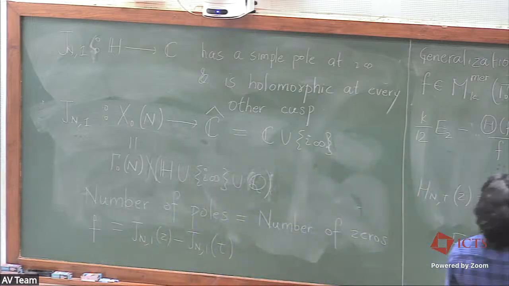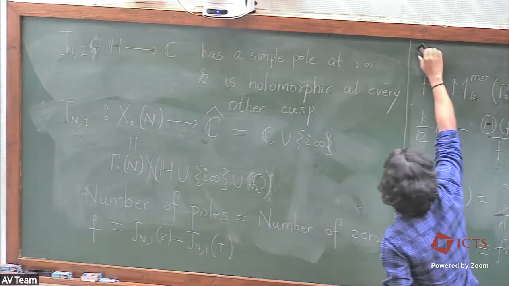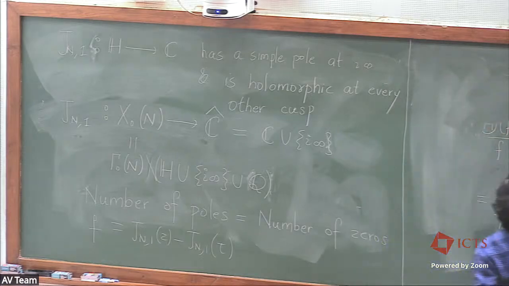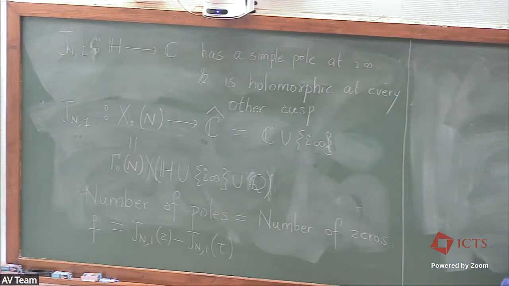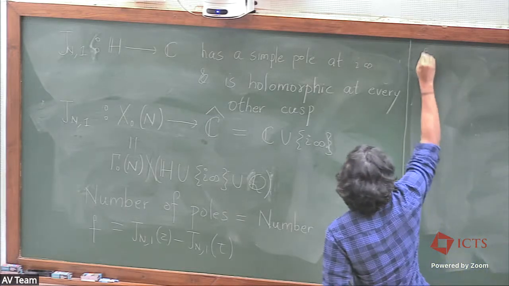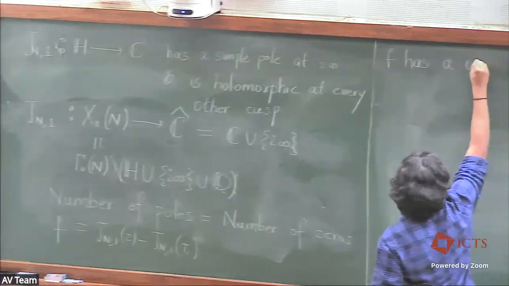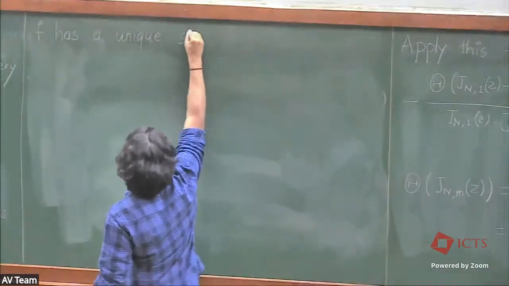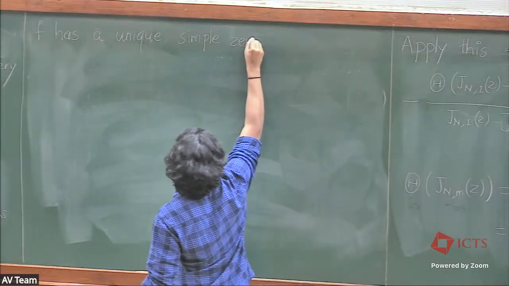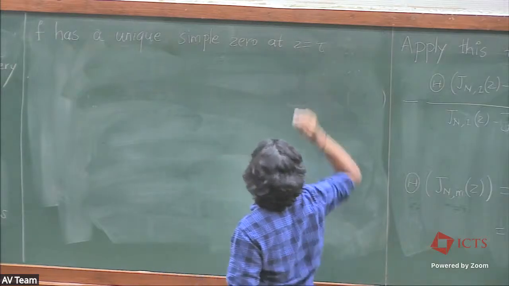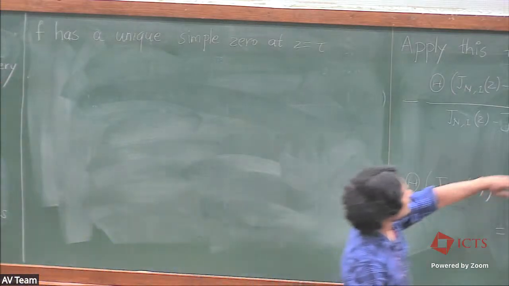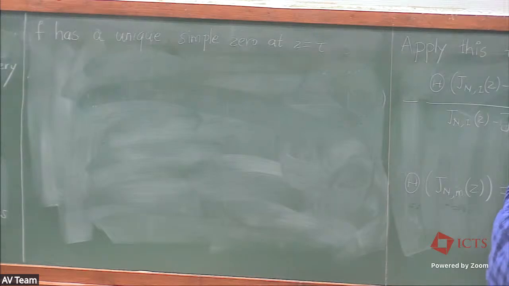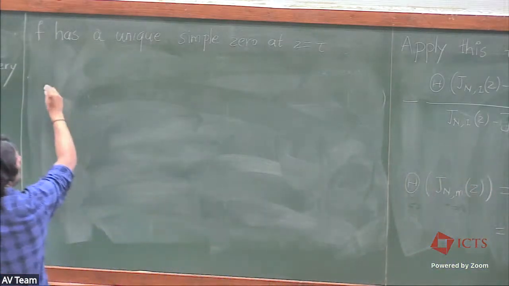So now I can use this in the formula. Here the sum now becomes a sum only over I infinity. So what I get is the following.